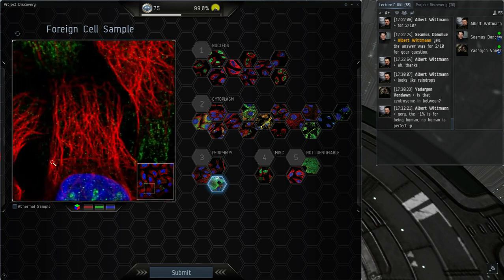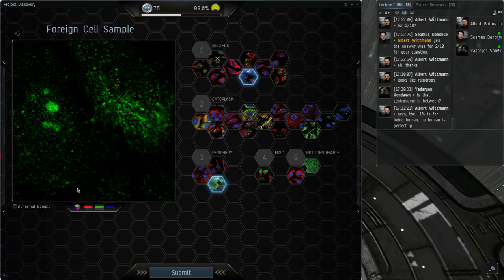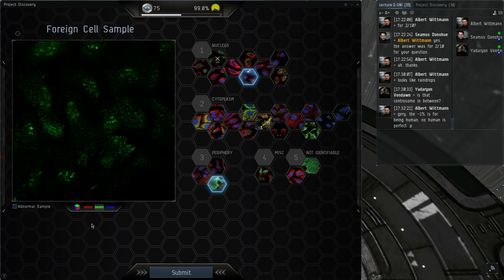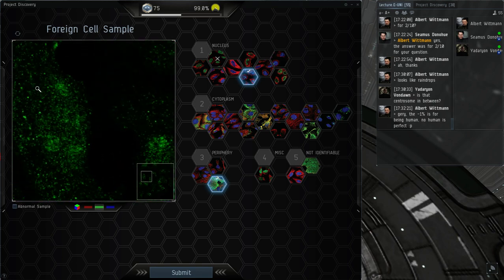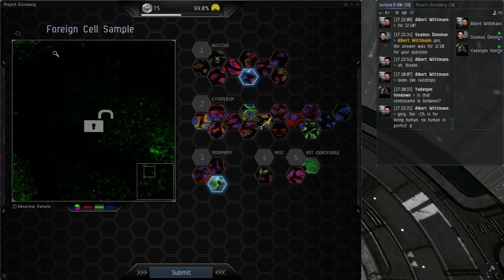We have some nuclear staining though, and the nucleoli are really obvious. They're overlapping perfectly with the hole in the blue. So let's click nucleoli. Then the question is, is there something else? In this cell, it looks a little bit like there's a nuclear staining too, as well as here.